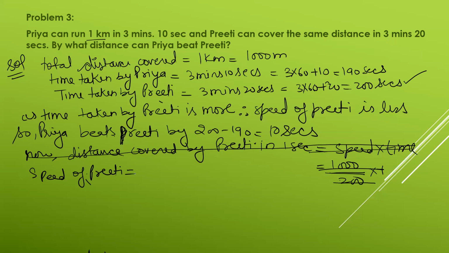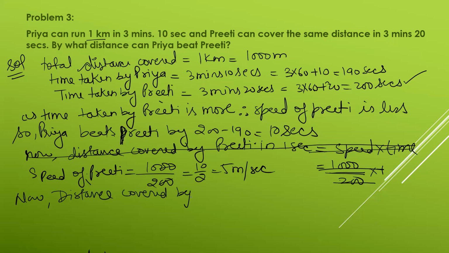Now speed of Preeti is basically 1000 over 200. After calculations, you will get 10 by 2, which is equal to 5 meter per second. Now, distance covered by Preeti, that was for 1 second, we need 10 seconds. So this is going to be speed into time. So now we are more accurate.